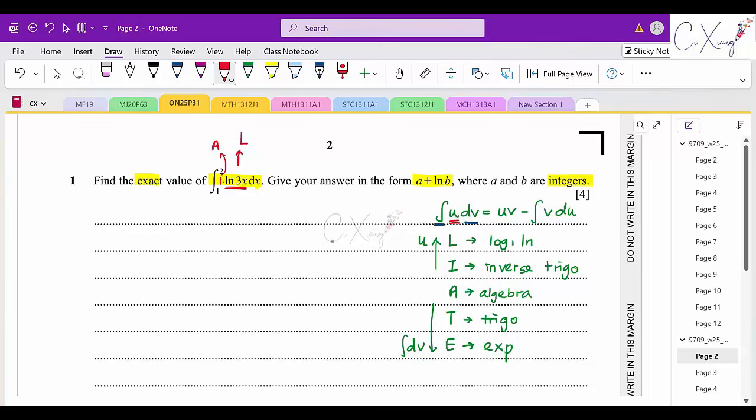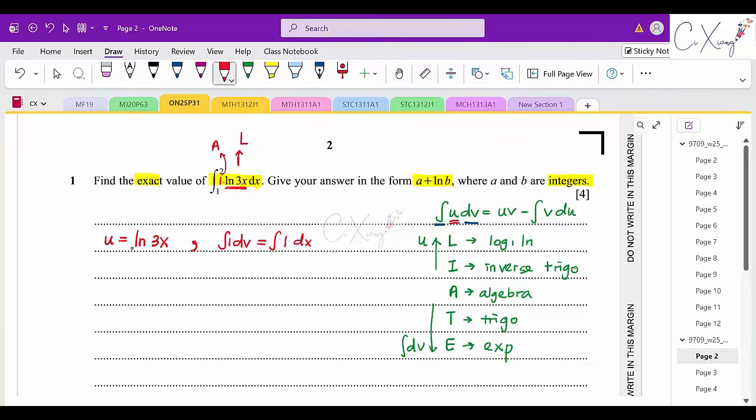The L is on top, and the A, algebra, is lower compared with the L, the log function. So from here, I know that my u should equal ln 3x. The remaining part of my integration will be dv, so the integral of dv equals the remaining, integral of 1 dx.